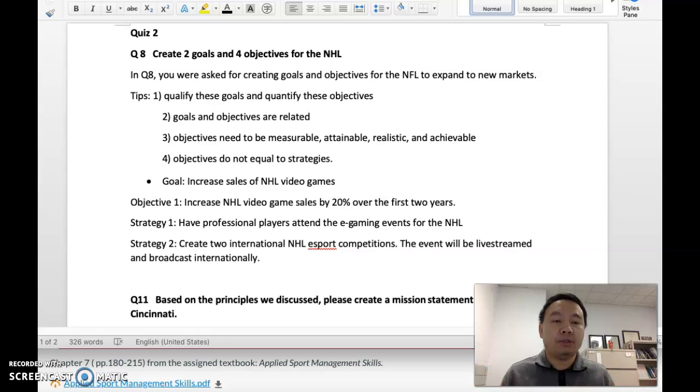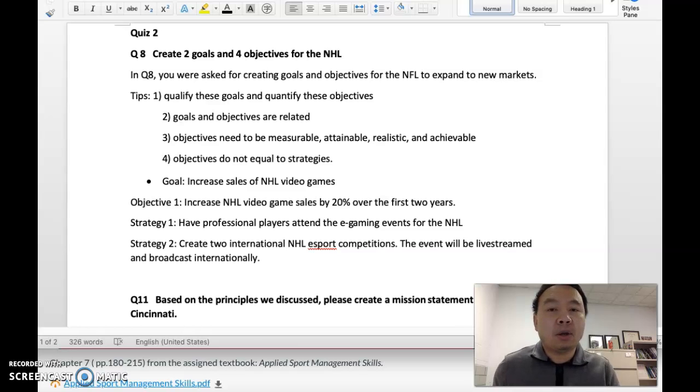When we talk about goals and objectives, there are four very important things. First, you have to qualify goals and quantify objectives. Qualify a goal means you write a statement about the goal, and quantify means you provide a more specific goal, with numbers.